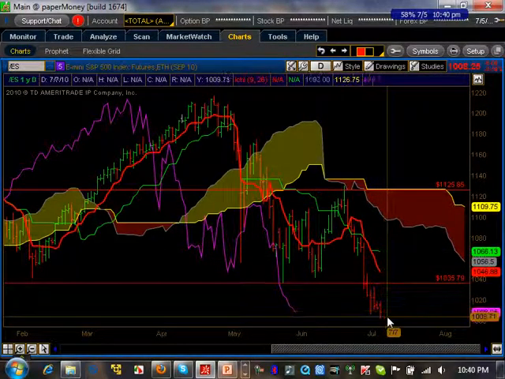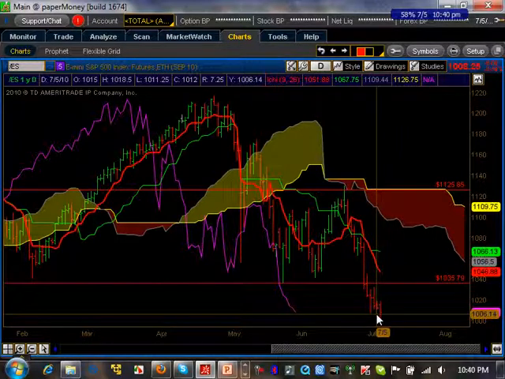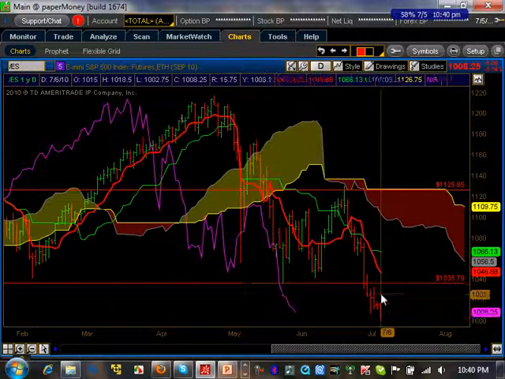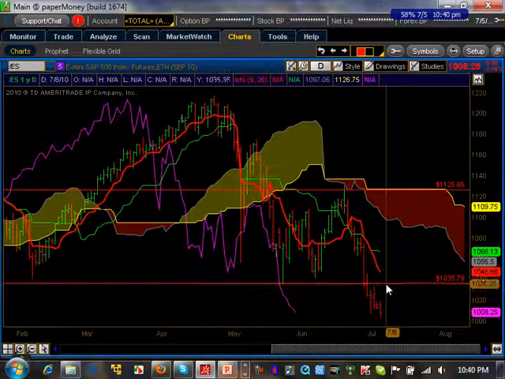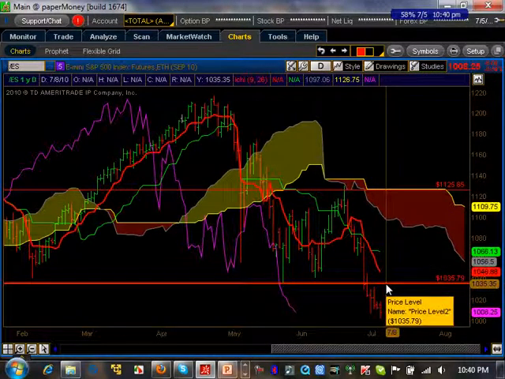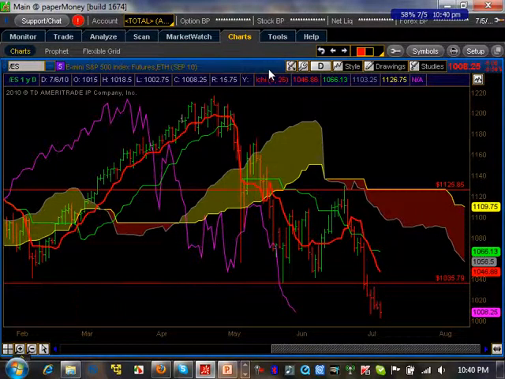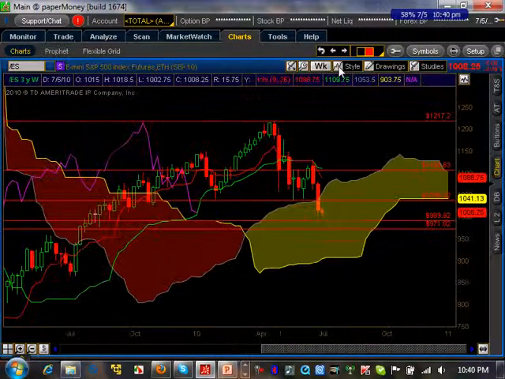You want to see what happens this week, but we could have a minor pullback to this 1035 level, but we could continue to go down. There's a high chance we're going to break the 1000 barrier and reach the levels we talked about on the weekly time frame, right around 989.